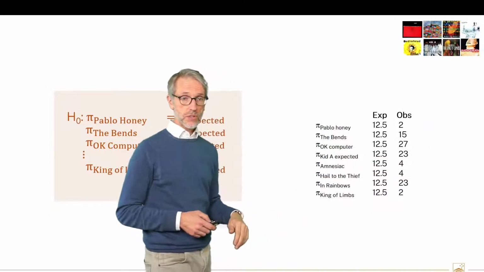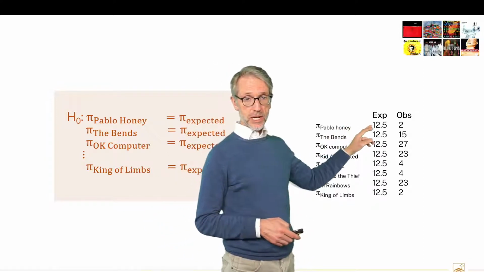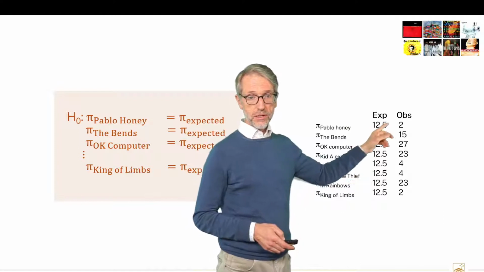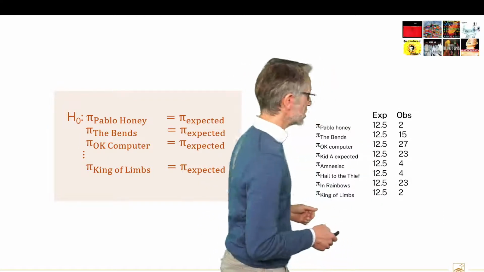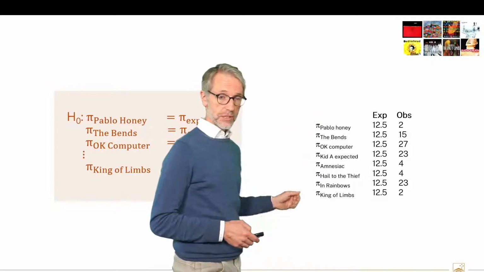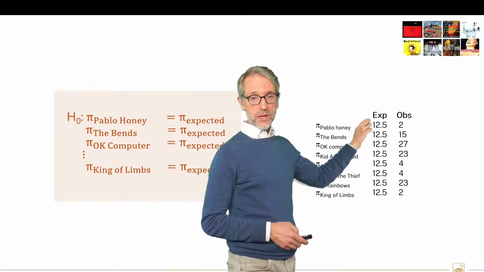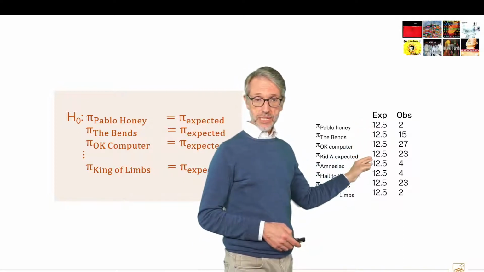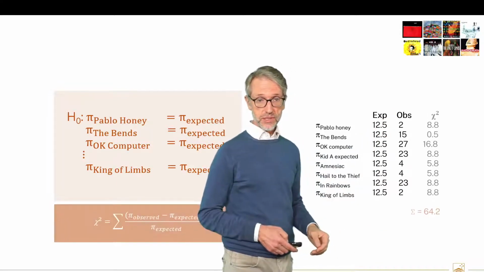Okay, so on to our data. So we have a set of expectations and a set of observations. If we just generate the data, it was a little bit difficult to come by, so we had to sort of auto-generate some. We might expect 12.5 people to select each album, and then we have the respective observations themselves.